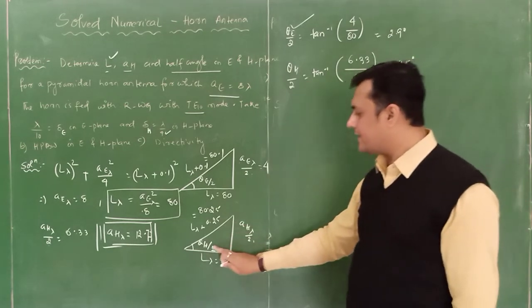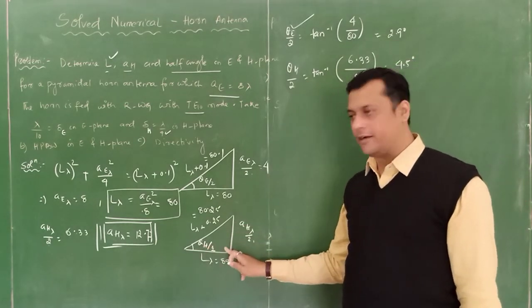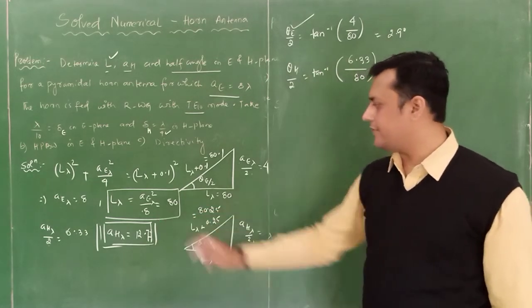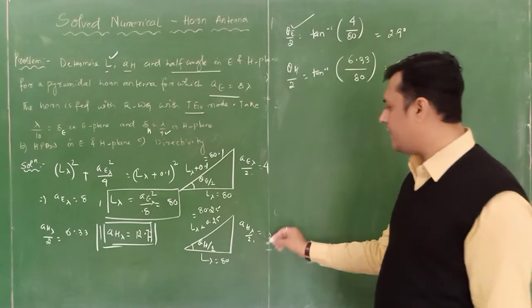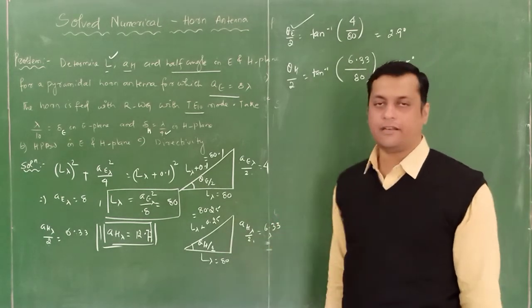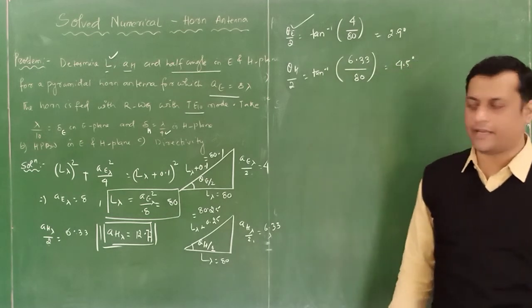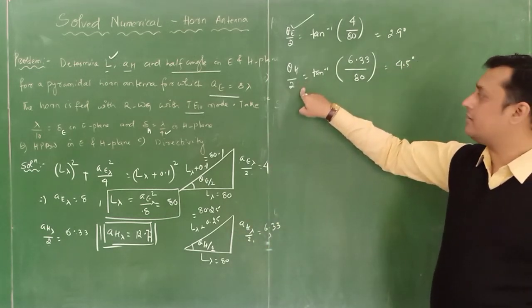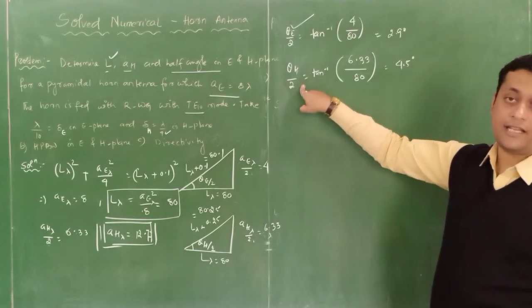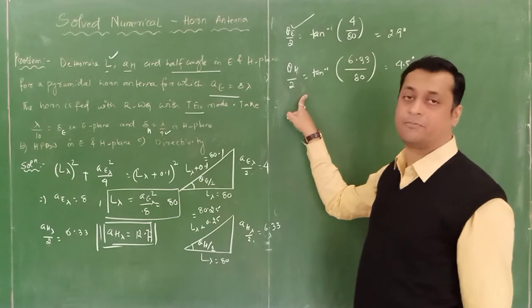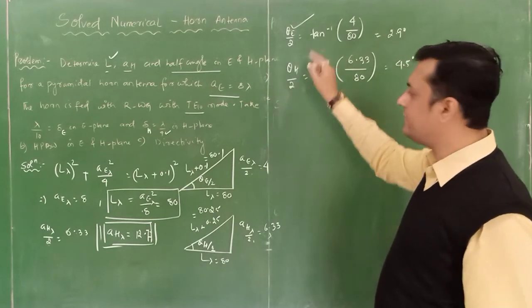Similarly, from the second triangle, theta h by 2, you can determine the value. What is AH lambda? We have determined 12.7, and AH lambda by 2 is 6.33. If you take tan inverse of 6.33 divided by 80, we will get the half flaring angle with respect to H plane. Okay. So these are the two things.